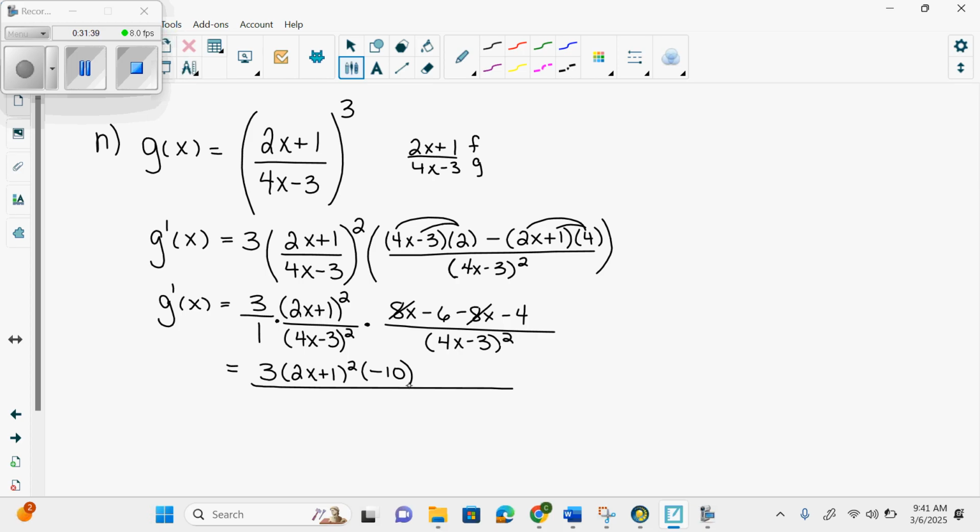And then 4x minus 3 squared times 4x minus 3. Oh my gosh. 4x minus 3 to the 2 times 4x minus 3 to the 2 is 4x minus 3 to the what? 4. And then these are coefficients, they can join. So we get negative 30, 2x plus 1 squared.